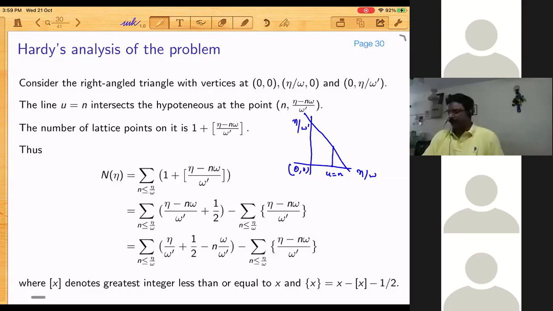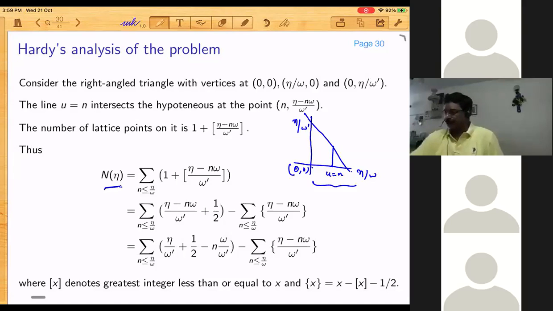Now vary u from 0 to n over omega. So therefore the number of lattice points n eta is nothing but the sum over n less than or equal to n over omega, so n varies from here to here, of 1 plus the bracket of eta minus n omega by omega prime.